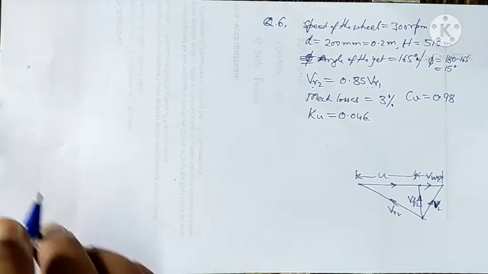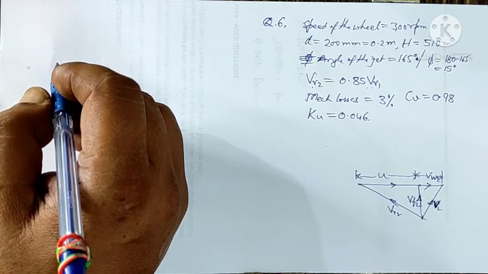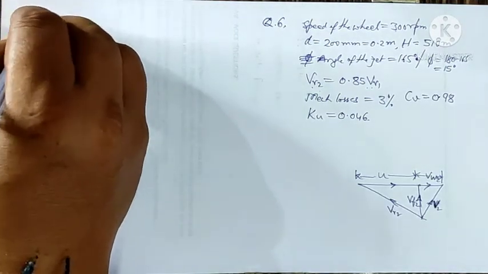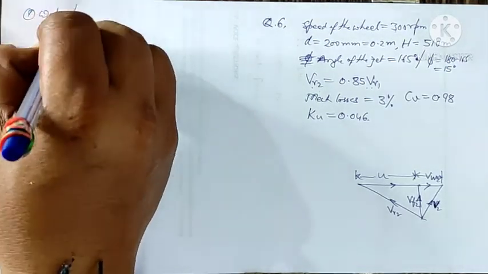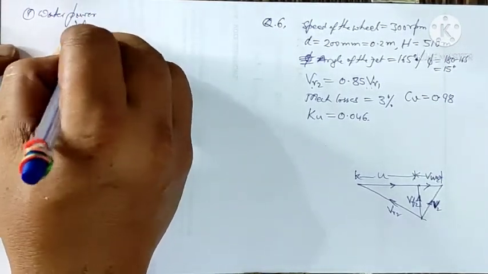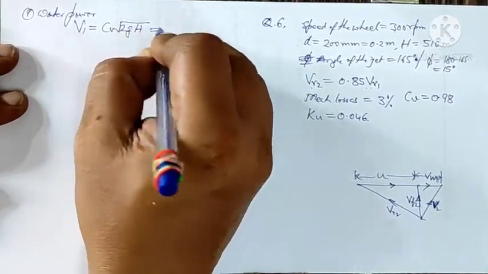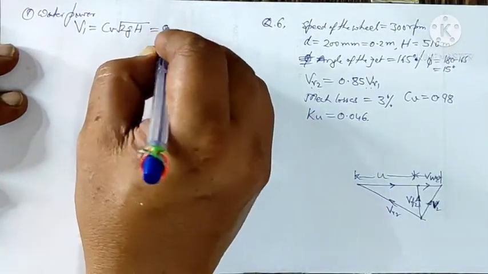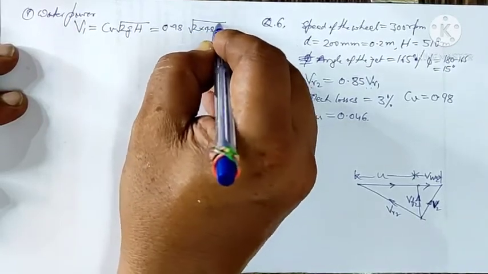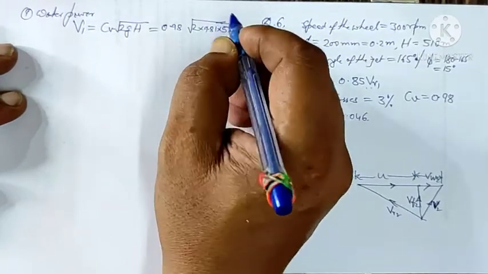So first, to find out the water power, we will find out the velocity of the jet, and then from that we will find out the discharge. Velocity of the jet at inlet is given as Cv √(2gH). We will substitute the values: 0.98 multiplied by √(2 × 9.81 × head). Head is given as 510 meters.